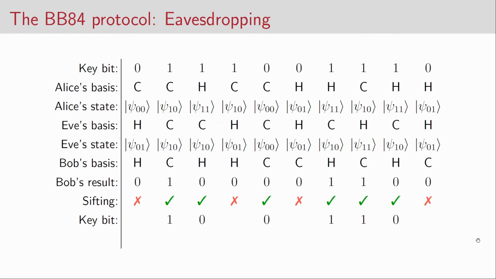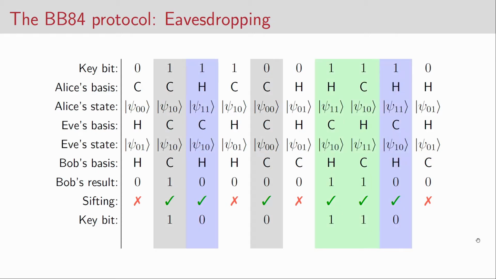And we can now look at different cases here. So first, in gray, you can see those bits where all 3 parties have chosen the same basis. So here, nothing happens basically. The state doesn't change, and therefore the key bit that Alice wanted to send is exactly the one that Bob has measured. Then in blue, you can see the cases where Eve has chosen a different basis than Bob and Alice.